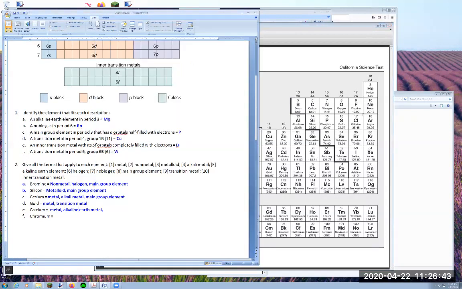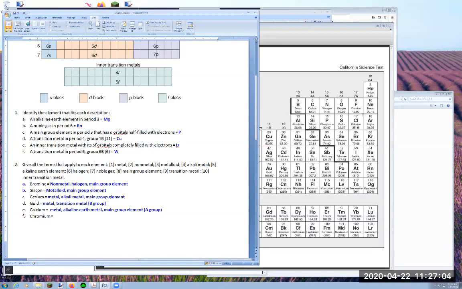Yes, right, main group element. It's in an A group, so it's a main group element. I guess I can write that A group. Transition metals are in the B groups.